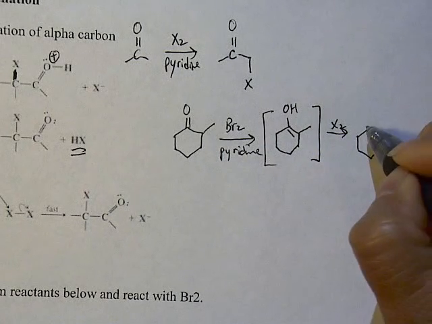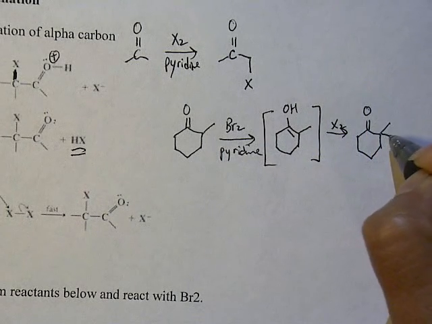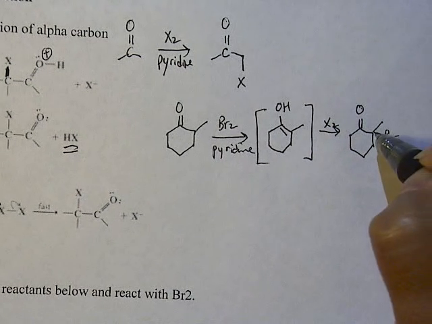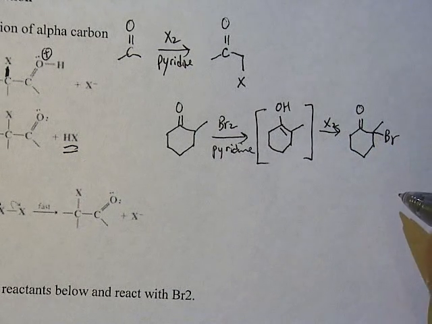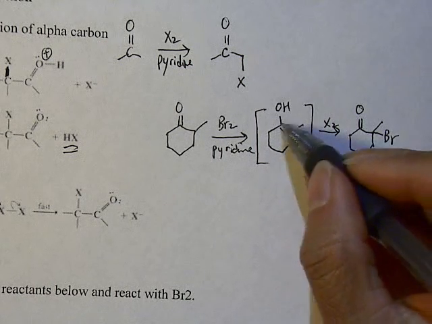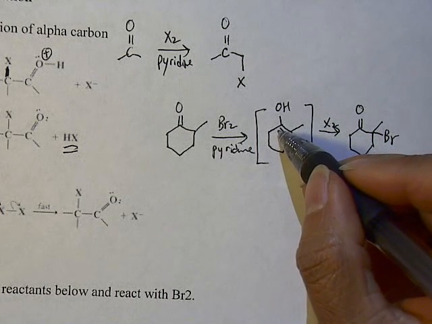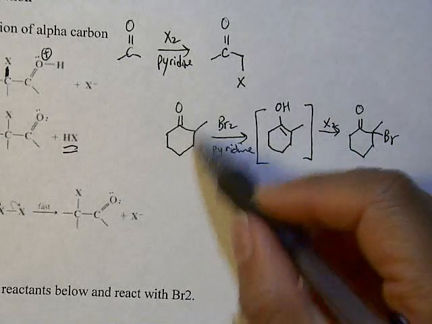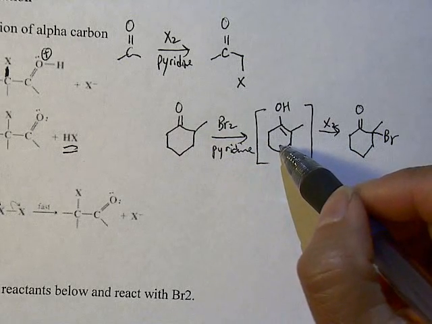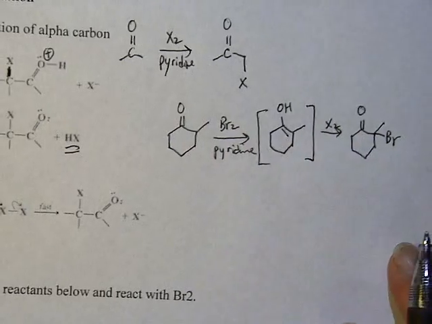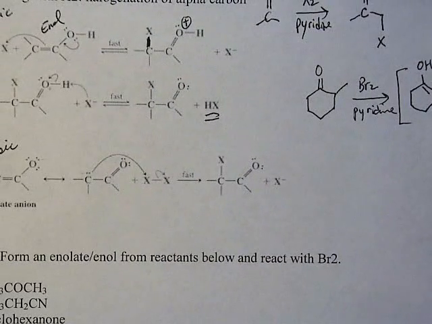So basically you would always form the alpha halogenation product on the more substituted carbon in these cases, because of the equilibrium happening, in which even if the kinetic enol formed, it would go back to the starting material and form the more stable, thermodynamically more stable enol.